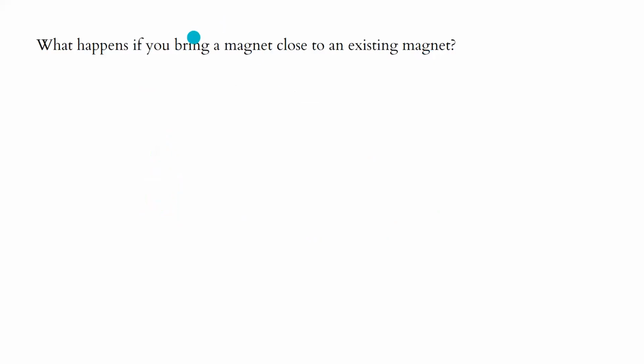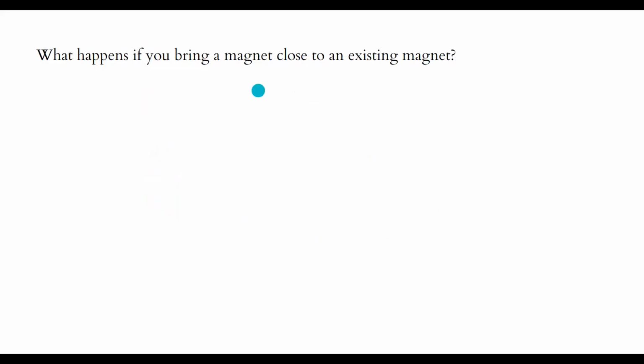So what happens once we bring a magnet with a north pole and south pole to another magnet, again with a north pole and south pole?